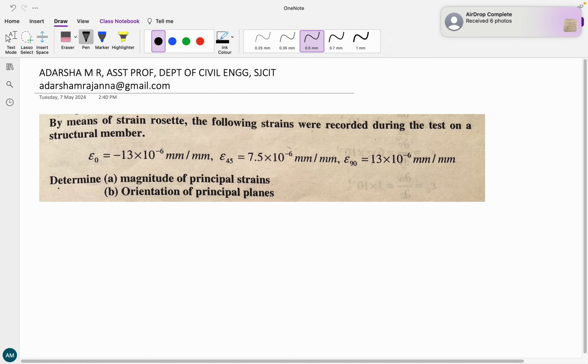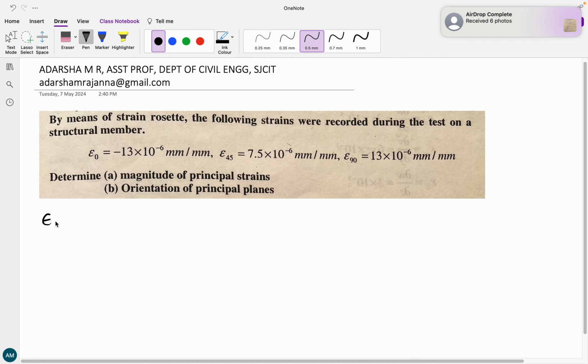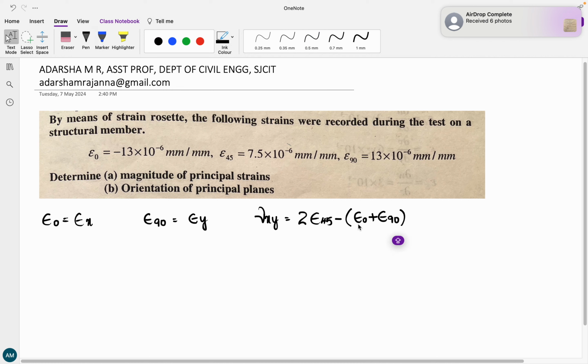So let us consider epsilon naught is equal to epsilon x, epsilon 90 degree is equal to epsilon y, and gamma xy, let this be equal to 2 times epsilon 45 minus epsilon naught plus epsilon 90. In the previous class we have discussed strain rosette, so we have taken the values from there.